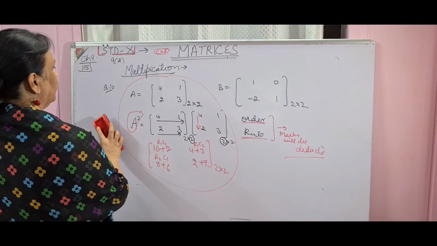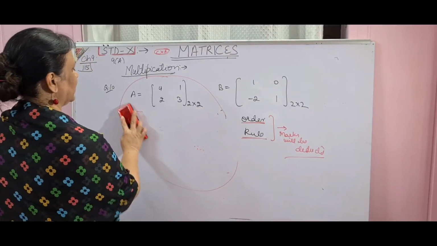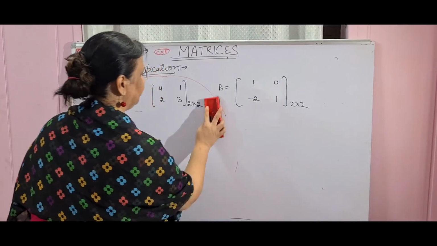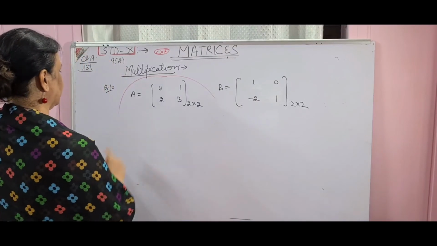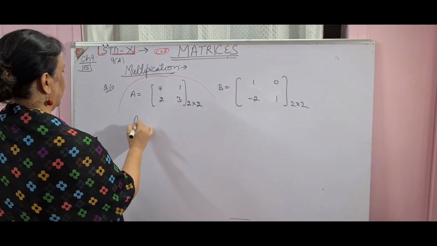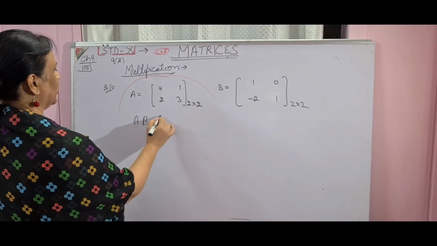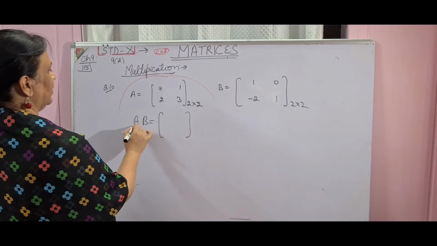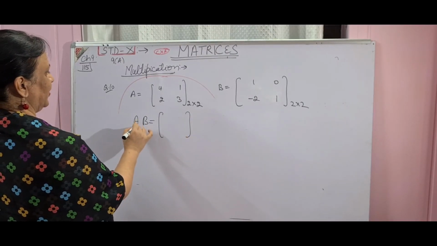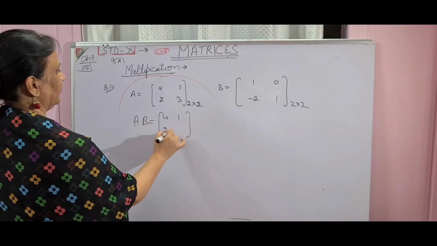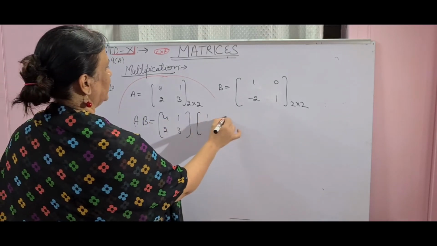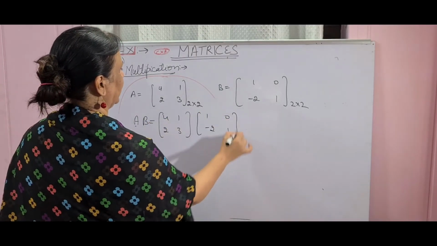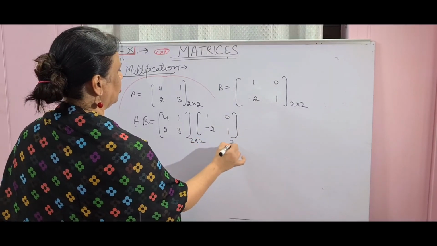Then, moving into the second part of the sum, here they have asked you to calculate AB also. Same method, I'm just going to write AB. So please don't change the position of the matrix. If A is at the first position, you write A here, then 1, 0, minus 2 and 1 for B. And then you follow the same method. 2 into 2.